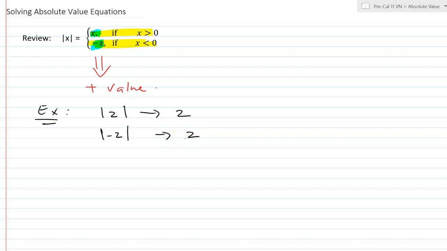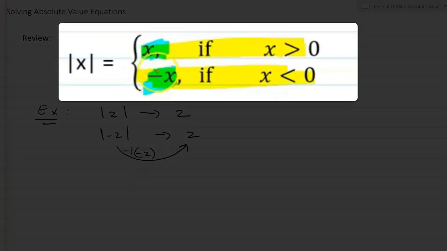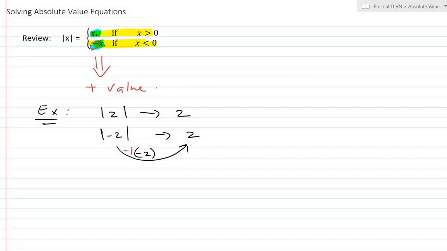To get 2 out of the absolute value of minus 2, we have to multiply negative 2 by negative 1. That's where the negative x comes from. So if it's a negative value inside the absolute value, we multiply it by a negative to make it positive. These are the two possible cases.